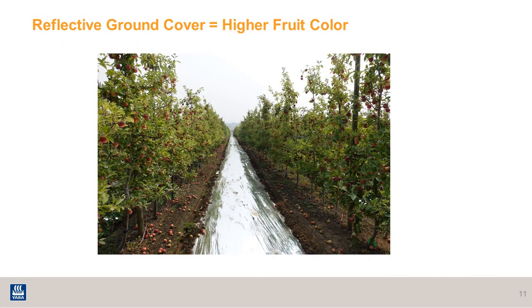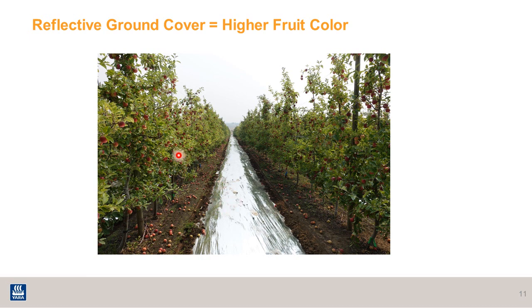Here's a slide that I should have included in my last presentation when I talked about the effect of management practices on fruit quality. What we have here is the reflective ground cover. It's very commonly used here in Washington, where the grower would go in and put this reflective material on the ground so that when the sunlight comes down, it helps reflect the light up into the fruit. You can see underneath the fruit that it's a little bit shinier because of the light reflection.